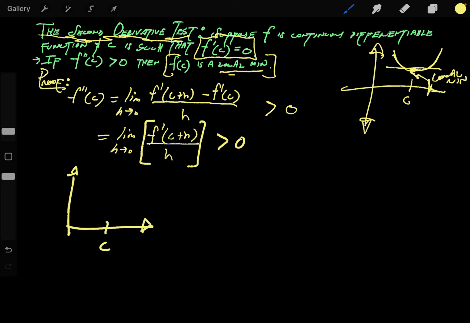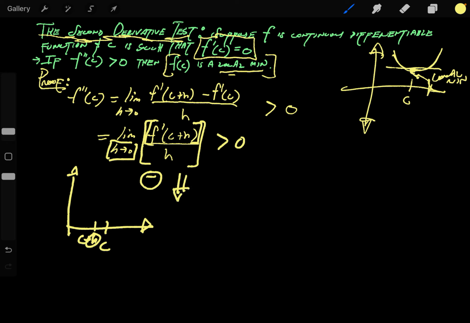If you come to 0 from beneath 0, then c plus h is over here, to the left of c, and the bottom will be negative because h is negative. So for negative values of h, this has to be negative as well in order to maintain that it's greater than 0. So when I'm to the left of c, f prime is positive.